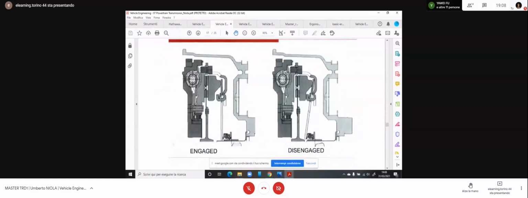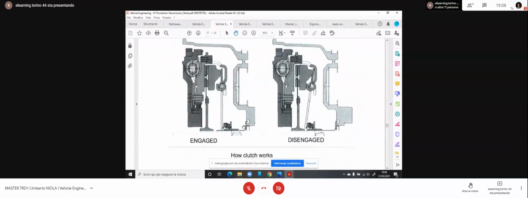And this center part is representing the fulcrum. So when you apply pressure on your clutch pedal, you are moving this thrust bearing, which is moving this way, this center part of the spring, reversing in this position.